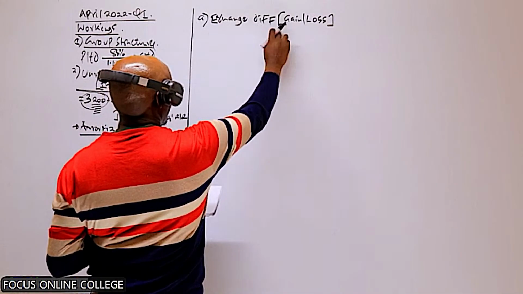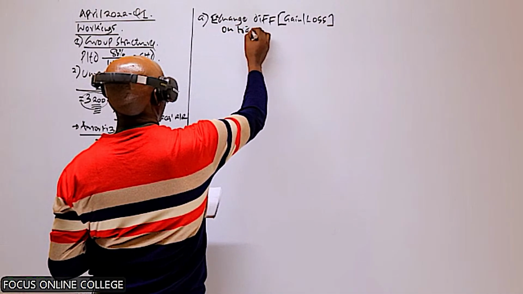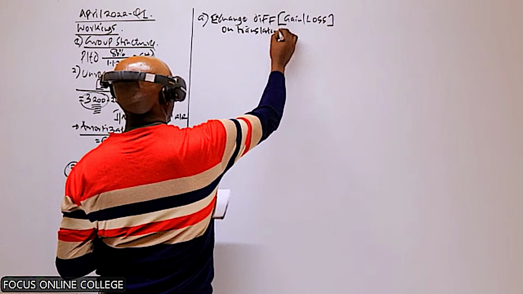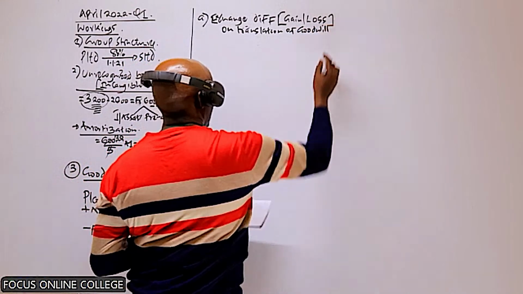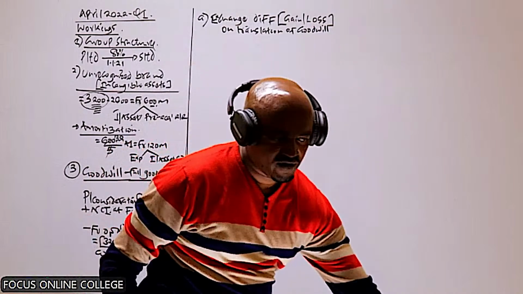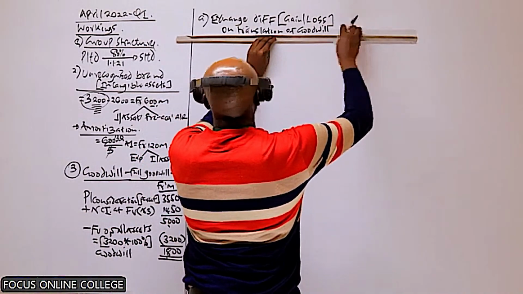So we're going to start by computing the exchange difference on translation of goodwill. This one is very, very simple.